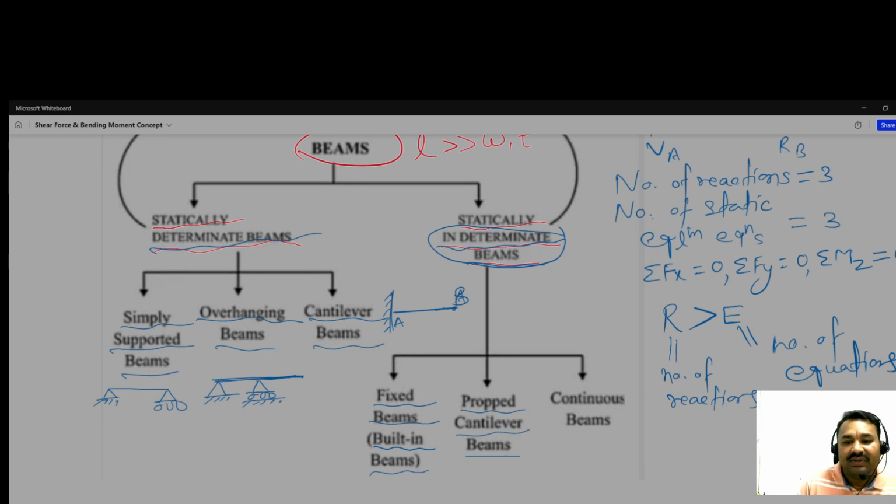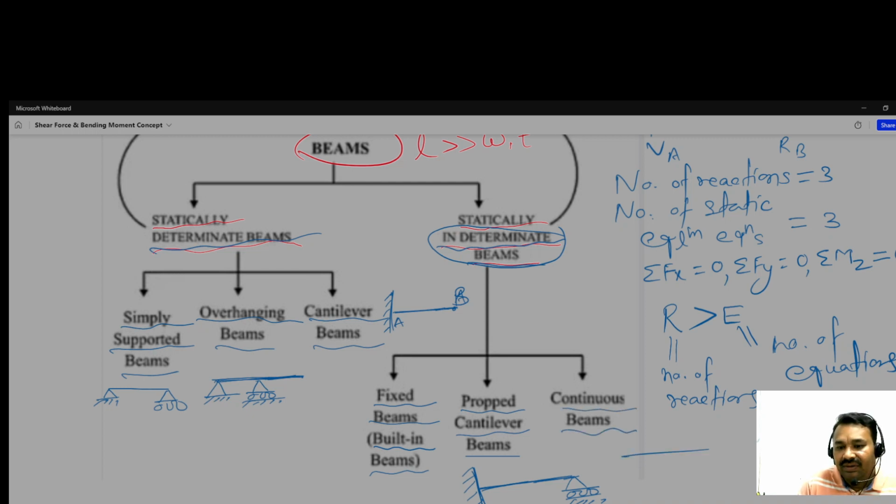Propped cantilever beams. What is a propped cantilever beam? A cantilever beam whose other end is supported by a roller becomes a propped cantilever beam. And next is the continuous beam.